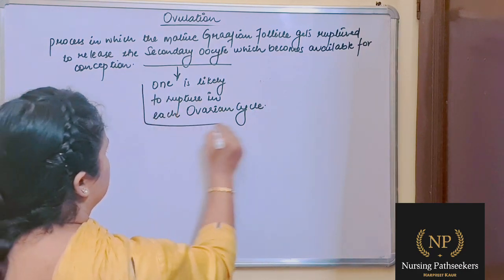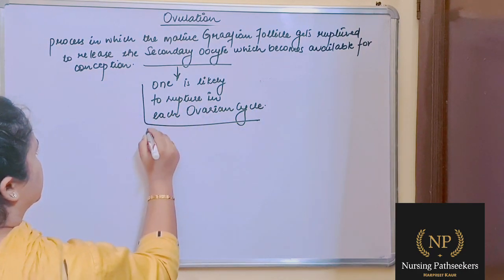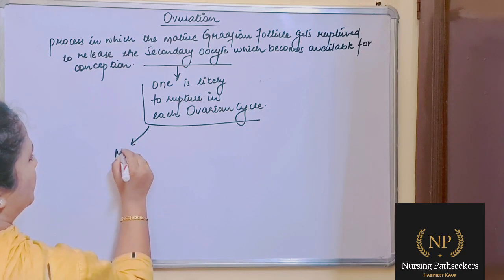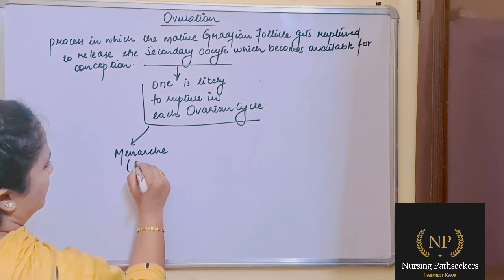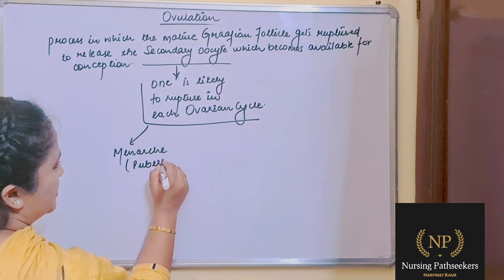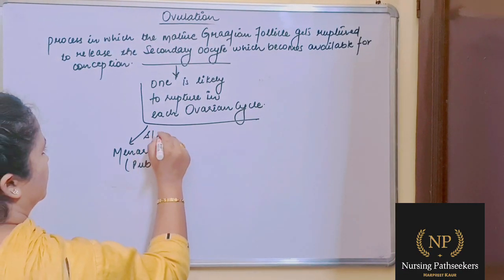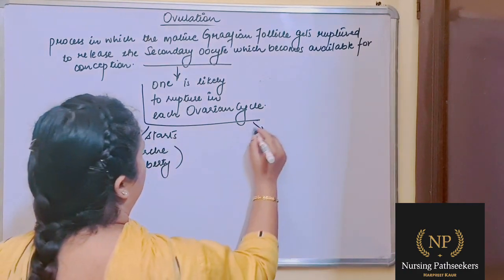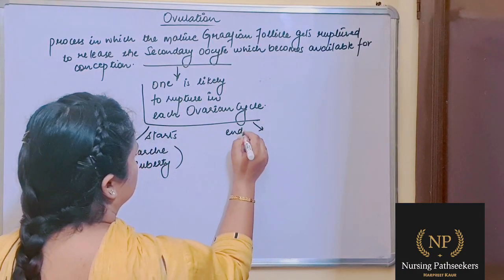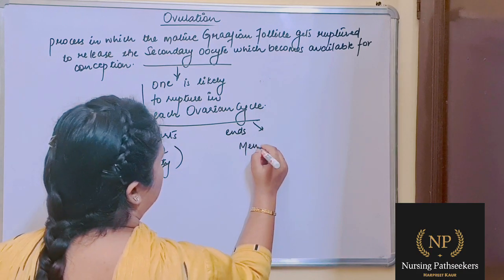Now this process of ovulation starts with menarche as soon as the puberty is attained, and ends with menopause.